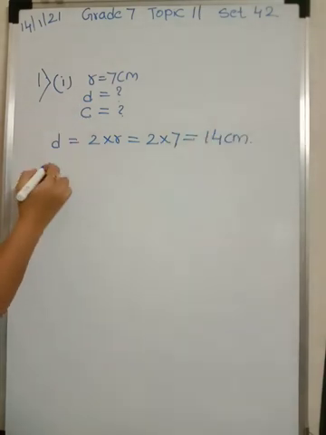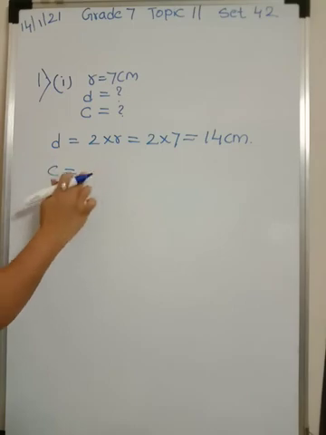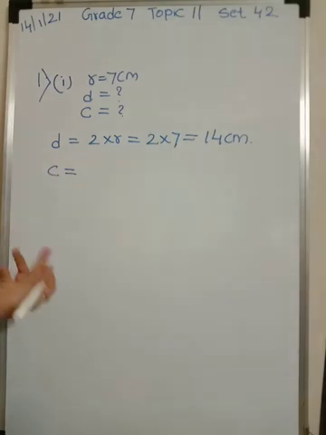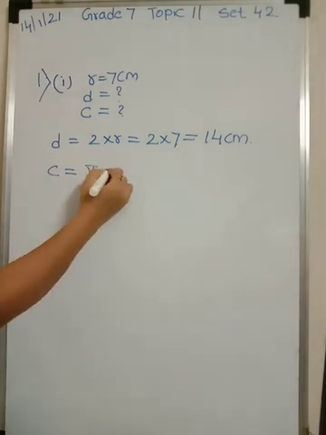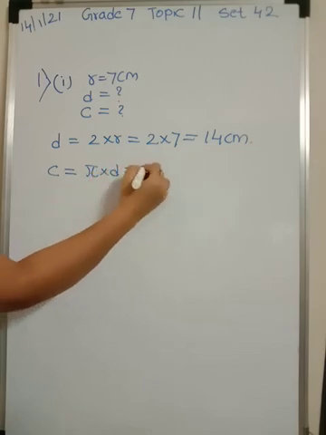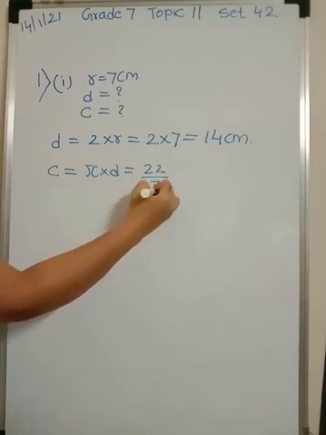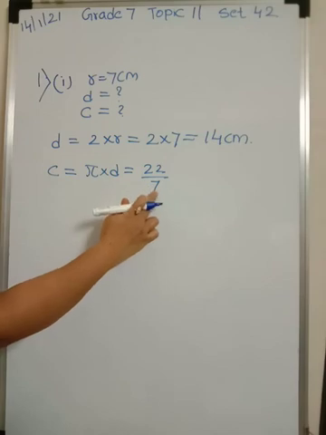Second is circumference. Either use 2 pi r or you can use pi d. Anything can be done. So we'll use pi into d. Pi is what? 22 upon 7. Because 14 is divisible by 7, it is convenient to use 22 by 7 instead of 3.14.